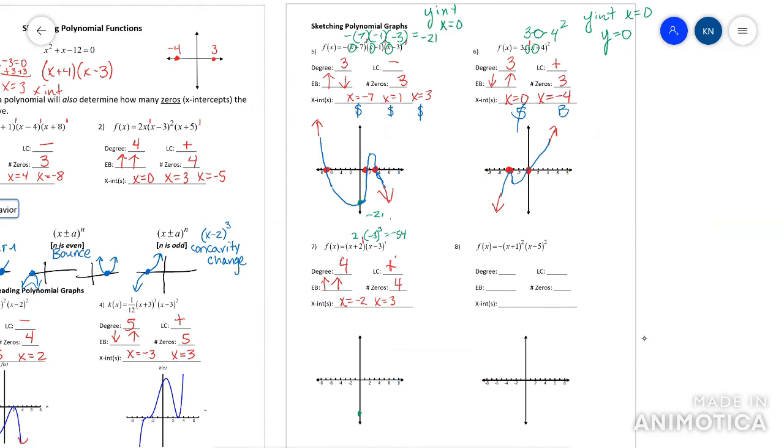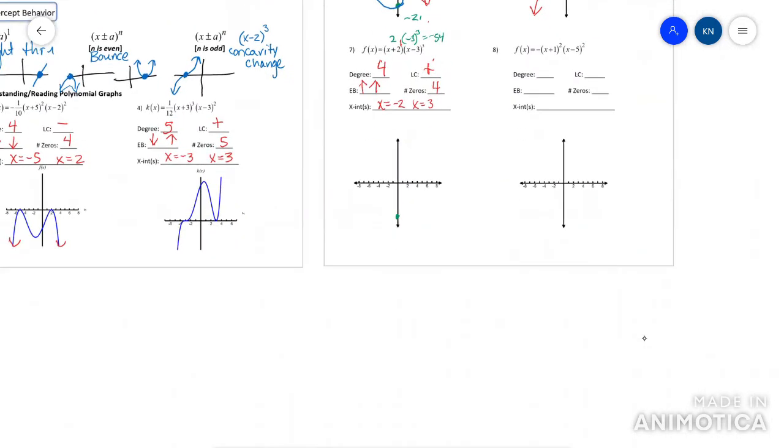All right, let's go ahead and put our arrows down. This is an up, up. So I know I'm going to have an arrow up here, and I know I'm going to have an arrow up here. Now put your x-intercepts down. I've got one at -2. I've got one at 3. And one more thing, at 3, notice it's a degree 3.